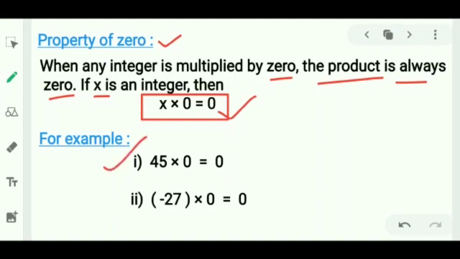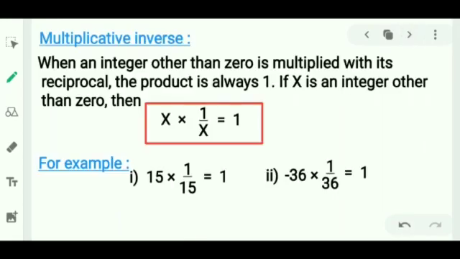For example, the first example is 45 multiplied by 0, then it becomes 0. If we multiply -27 by 0, it becomes 0. So in both conditions we can see that whether we take a positive integer or a negative integer, if we multiply any integer by 0, the answer becomes 0. It is called the property of 0 of multiplication.